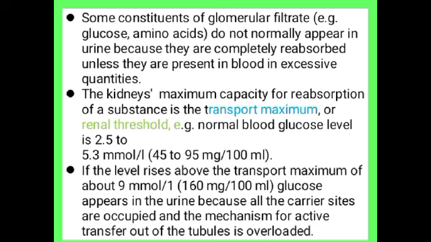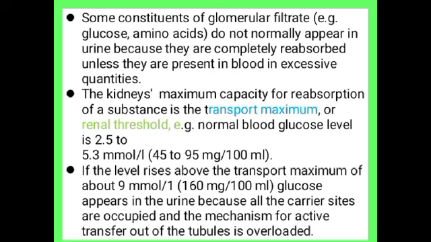When that amount is reached, the kidney can no longer reabsorb what has been filtered. Hence, there is a maximum amount of each substance that can be reabsorbed. Even the fluids themselves have a maximum amount that can be reabsorbed. That maximum capacity of reabsorption of substances within the tubules is what we call the transport maximum, or renal threshold.